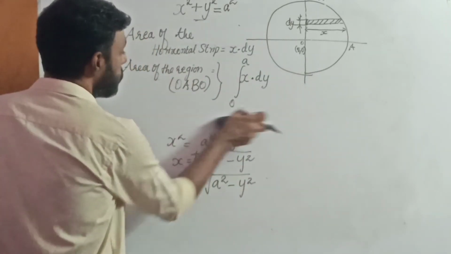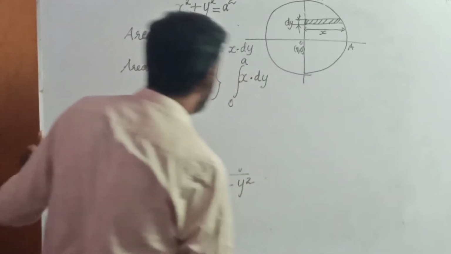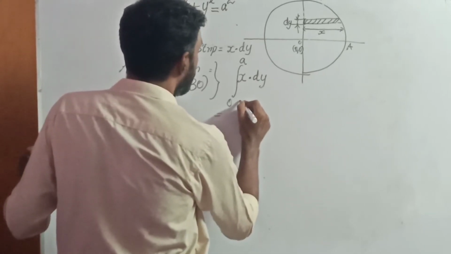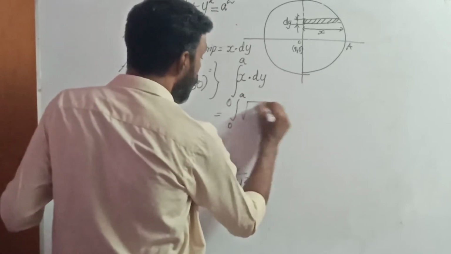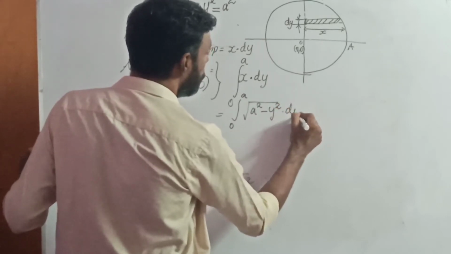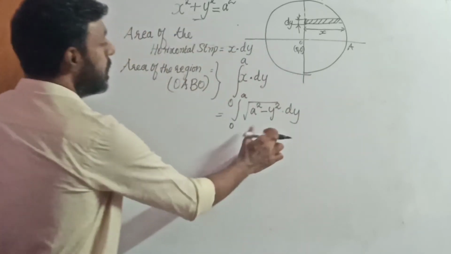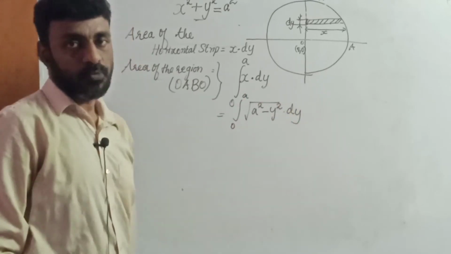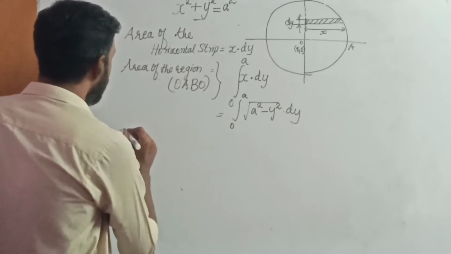So this value will be the integral of 0 to a, root of a squared minus y squared into dy. Okay, this is the expression and I'm going to integrate it. Again we know a formula, right?